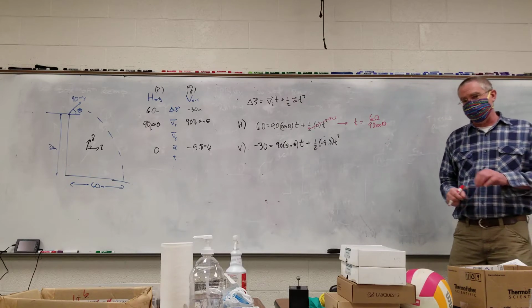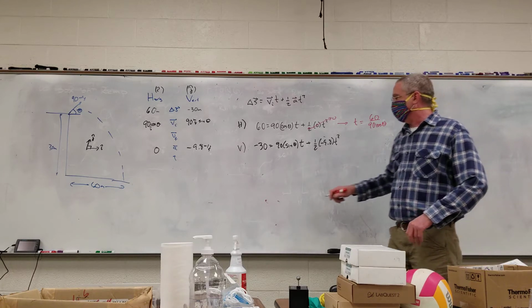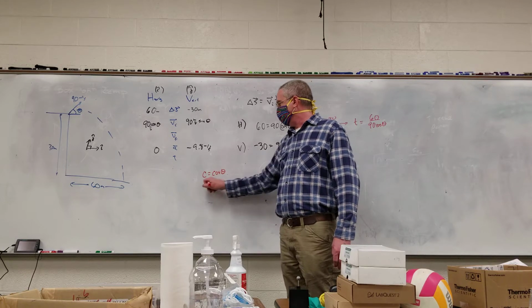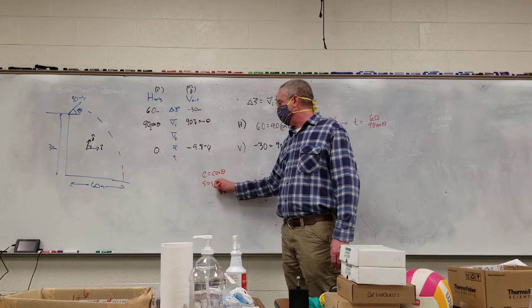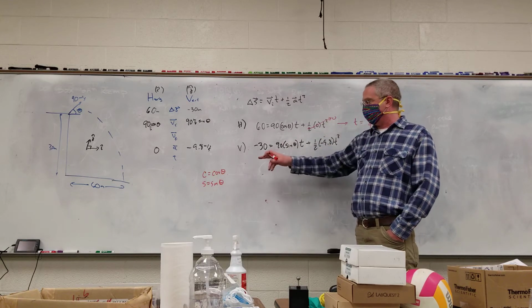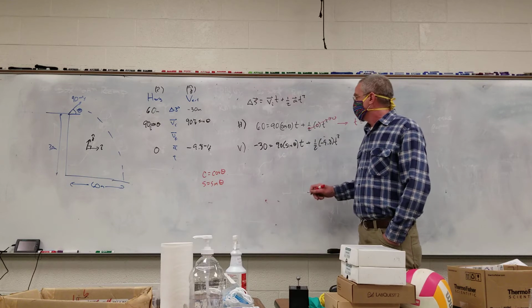Now, since I'm going to be writing cosine and sine a lot here, I'm just going to use a substitution. I'm going to let C equal the cosine of theta and S equal the sine of theta. Since I'm not putting units over here, there should not be a confusion with seconds, and we're not really using C for anything at the moment.